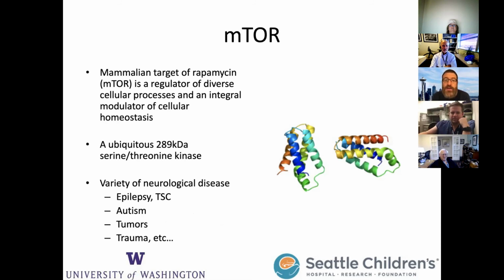It's a serine threonine kinase, and it's been implicated over the last 10 or 15 years in a wide array of neurological diseases, spanning epilepsy, with tuberous sclerosis being, I think, the fundamental prototypical disease in which we understand mTOR, how it links to phenotype the best, but also autism, tumors, trauma, and I'm sure a lot of the tumor surgeons that are in the audience today are very familiar with the PI3K, AKT, mTOR pathway.